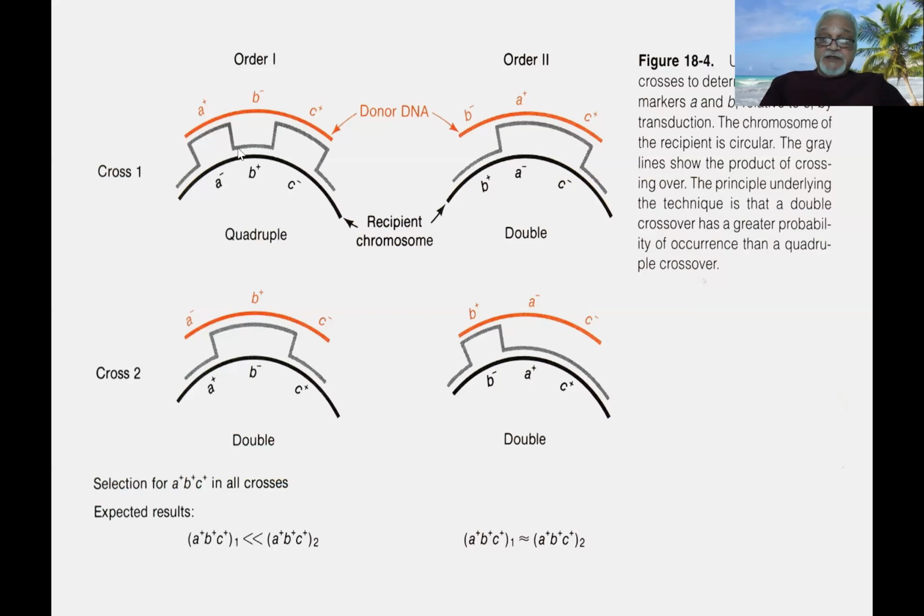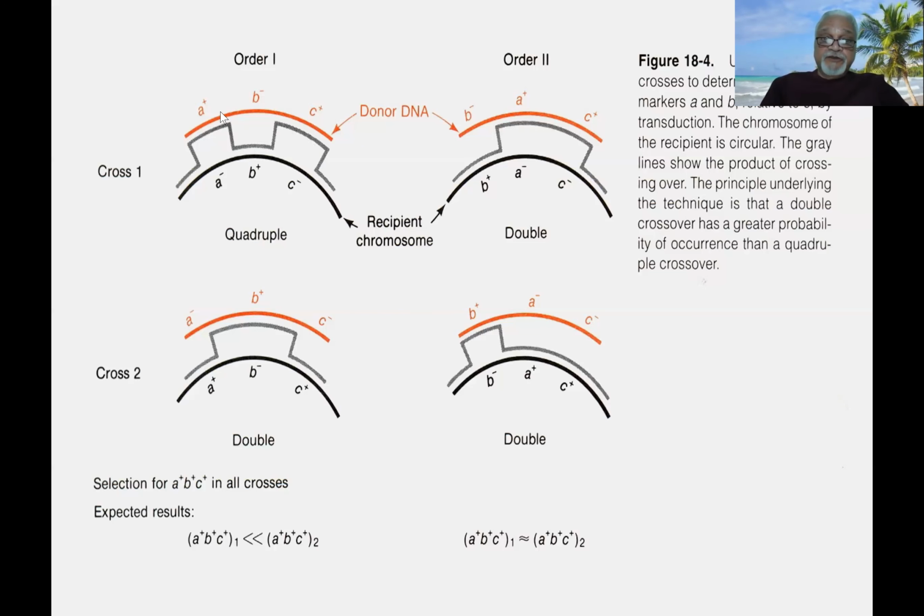Okay. Now we have to decide which is the order, this one or this one. The logic here is that the possibility of a cell undergoing 4 crossovers is less than undergoing 2 crossovers. This is a scientific fact. The probability of the DNA undergoing 4 crossovers is less than 2 double crossovers.